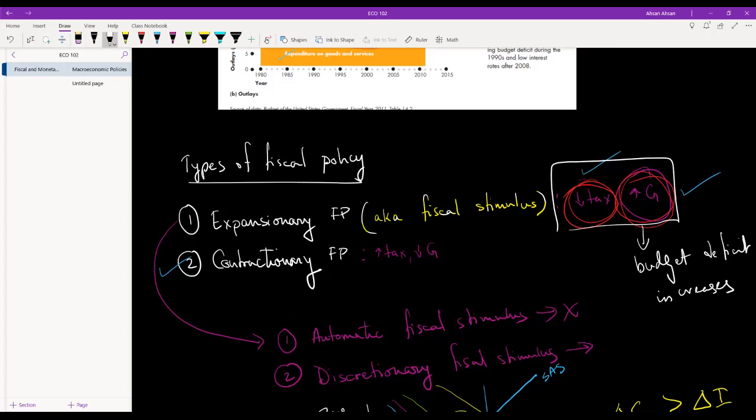The government already has a deficit, and when they undertake expansionary fiscal policy, the deficit increases. And the opposite happens for contractionary fiscal policy. When you're increasing tax or reducing government expenditure, the budget deficit decreases.